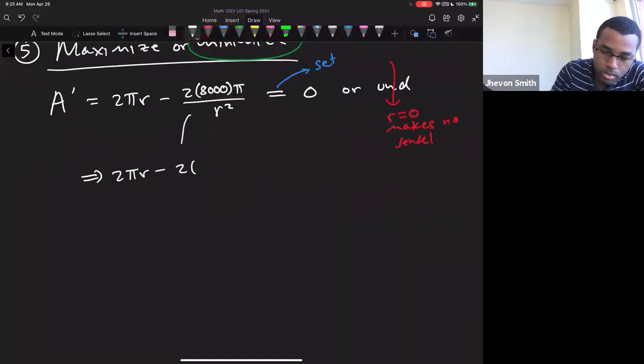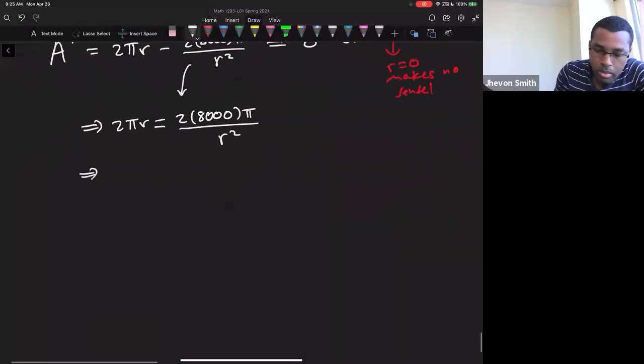And so this means we need 2 pi r minus 2 times 8,000 pi over r squared equals 0. Let's move to the other side. 2 times 8,000 pi over r squared, which means I can multiply by r squared to get an r cubed on that side. And then I would divide by the 2 pi.